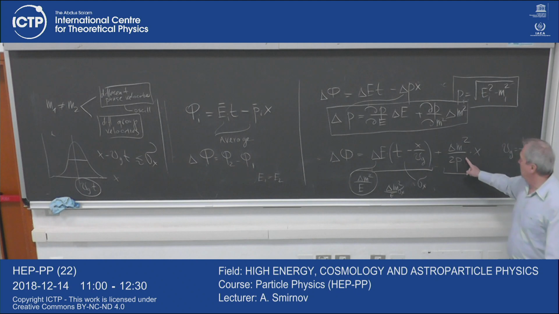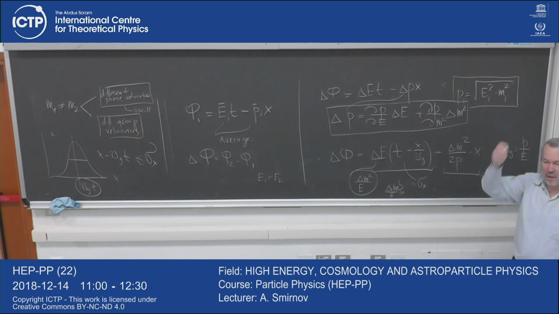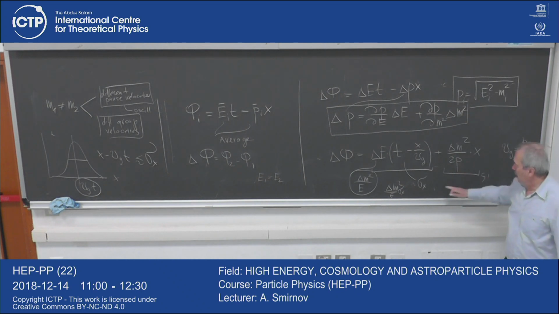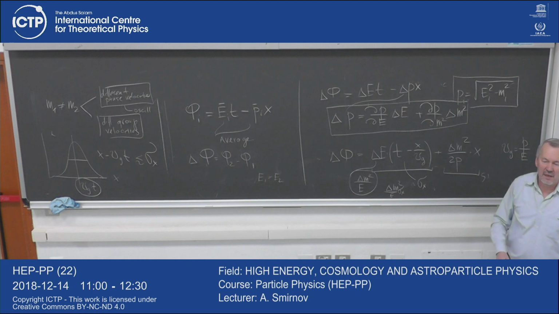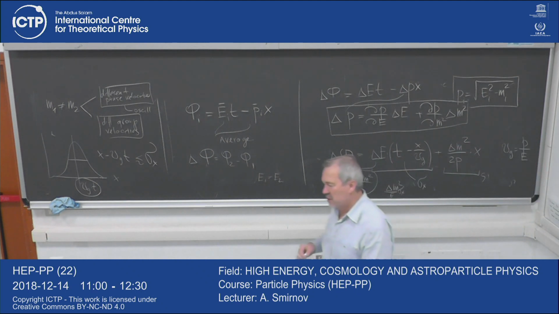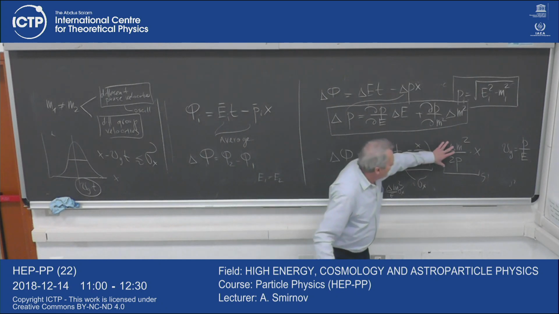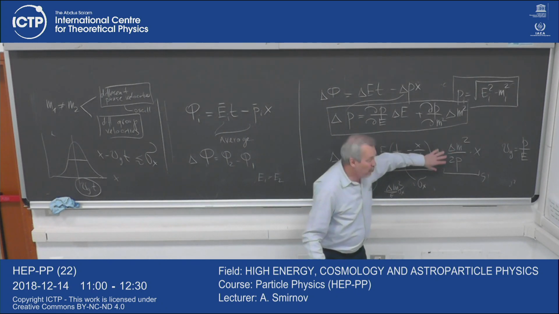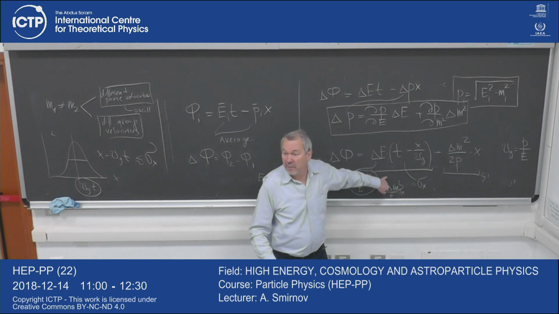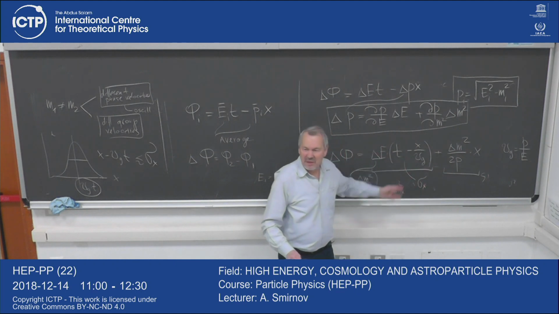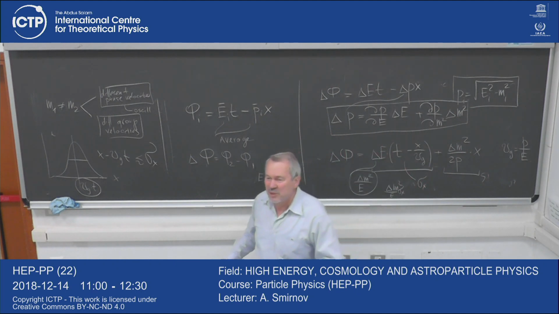Compare now with this term. Here we have x, and x can be, I don't know, 1,000 kilometers or 1,000 meters if you want. And here is the size of the wave packet. Again, it depends on the process, but it can be 10 to the minus 8 centimeters, 10 to the minus 10 centimeters, maybe a little bit more. So clearly this term dominates. But what is important is that this is much smaller than 2 pi, because if you change the phase, although this is very big, if it contributes more than pi, then you need to take it into account.